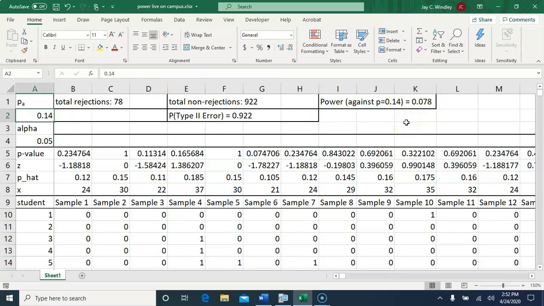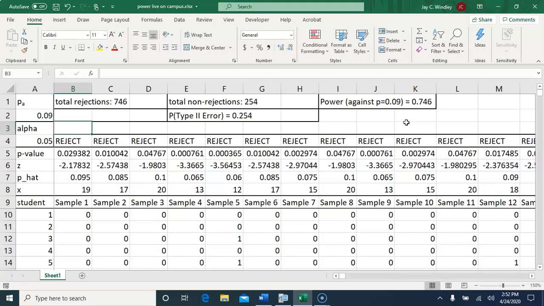But if the reality is more wrong, if the proportion living on campus is like 9%, then we will often reject the null hypothesis. It looks like we're rejecting the null hypothesis about 75% of the time.